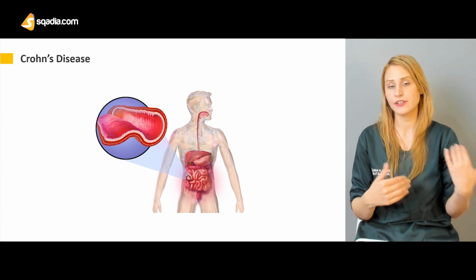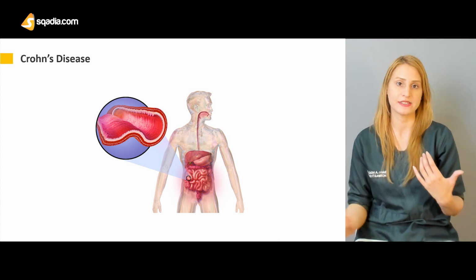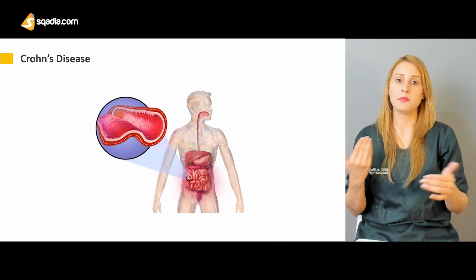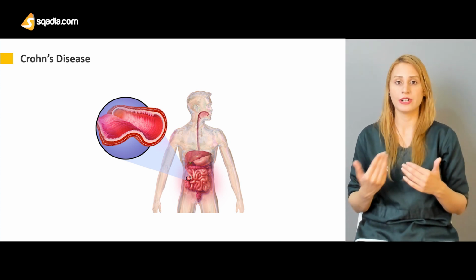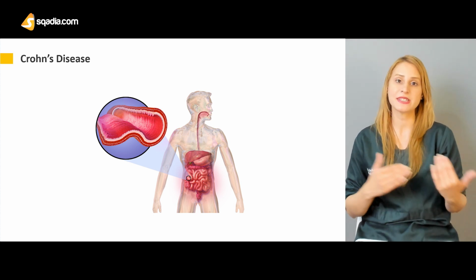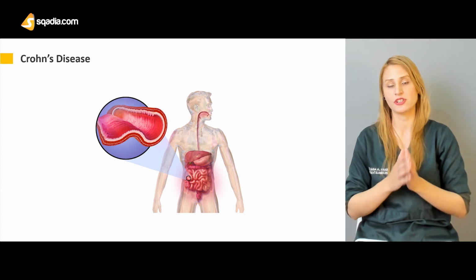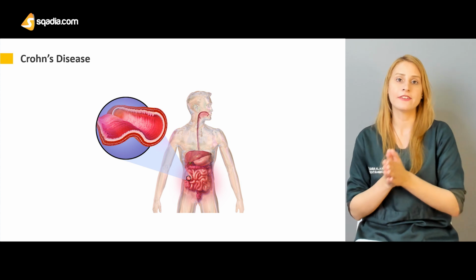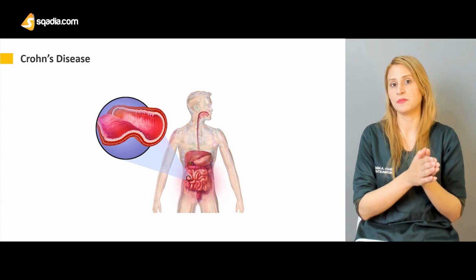Whenever he eats, the patient experiences dull abdominal pain, and there can be mild episodes of diarrhea, or relapses and remissions, and sometimes the patient can present with fever, and the patient will have a chronic history.